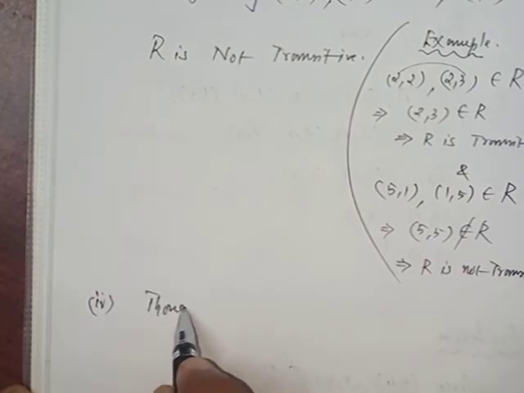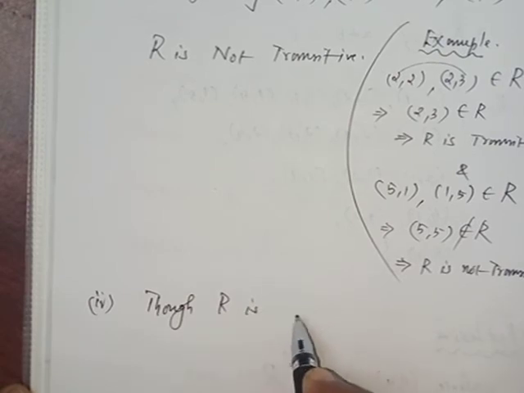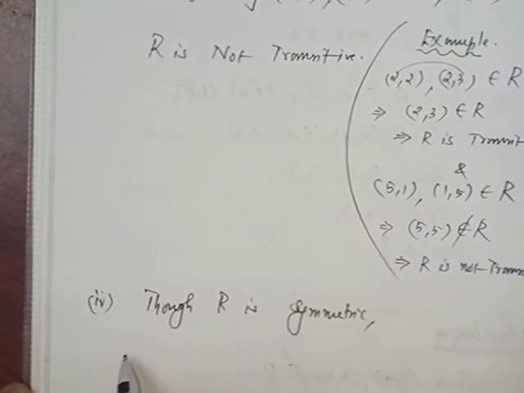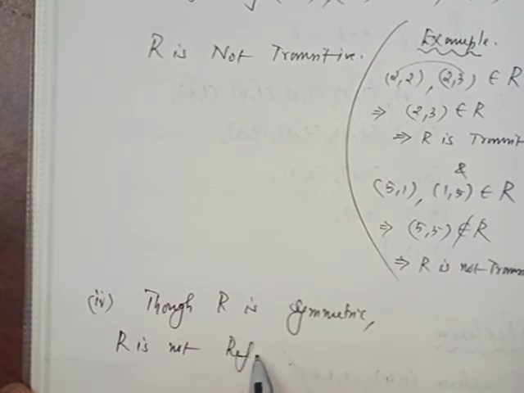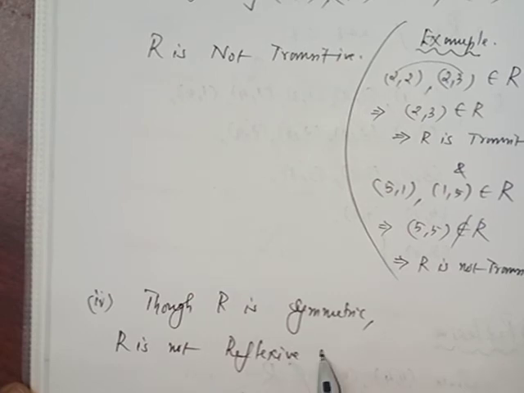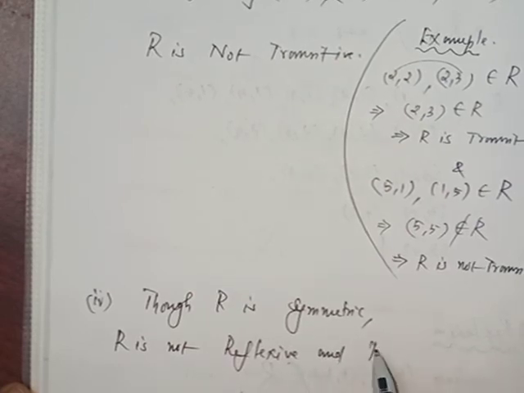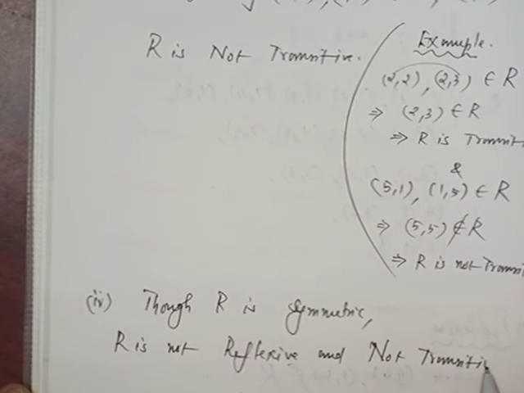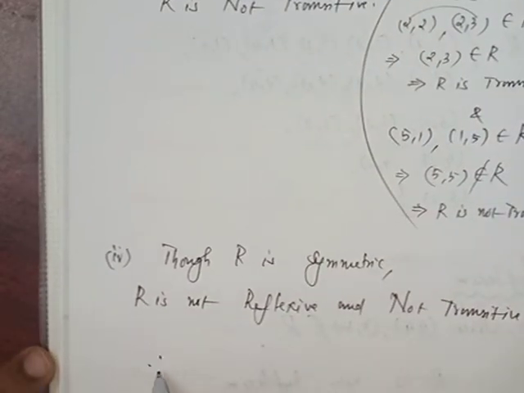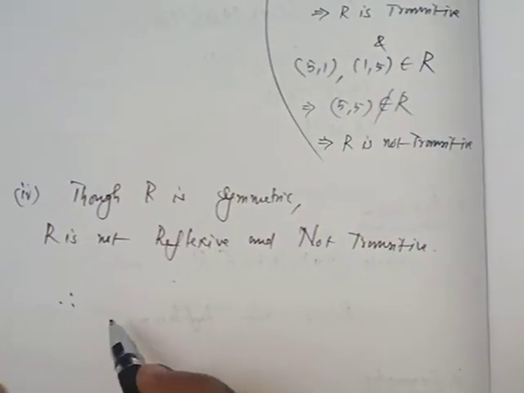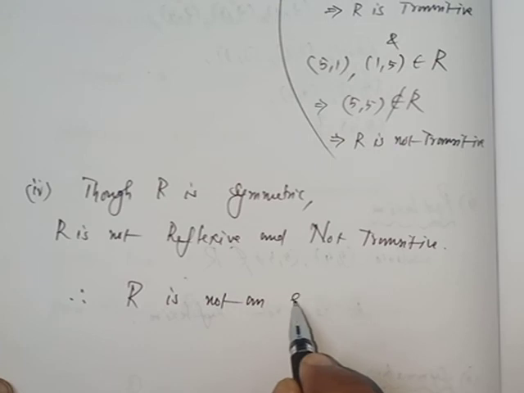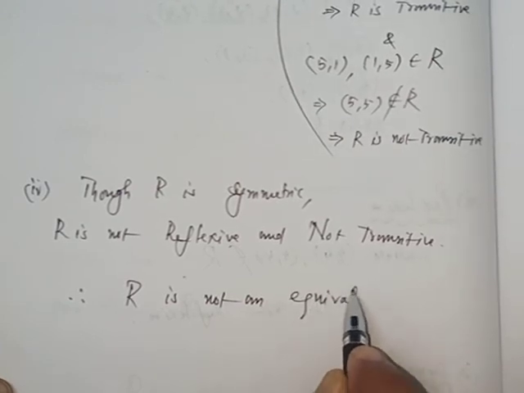Though R is symmetric, R is not reflexive and not transitive. Therefore, R is not an equivalence relation.